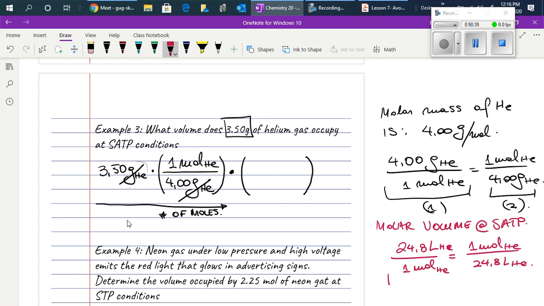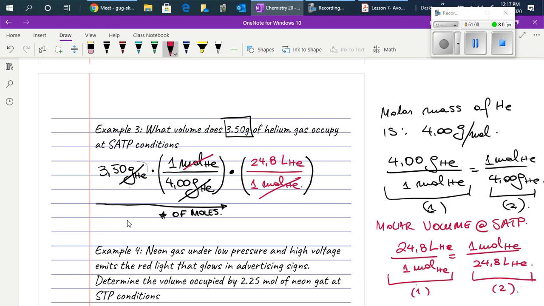So again, we have two ratios, ratio 1 and ratio 2, and we have to think which ratio we use in order to cancel the moles that we have in the numerator, and it will be ratio 1, 24.8 liters of helium over 1 mole of helium.